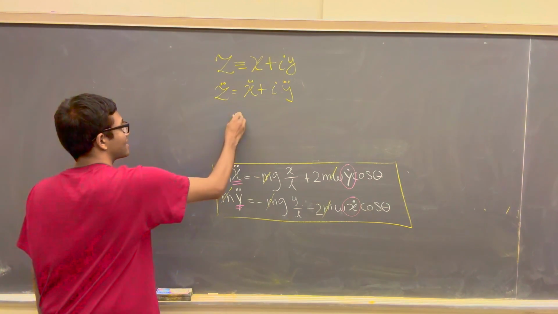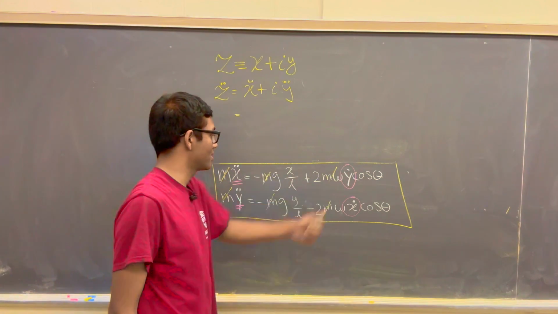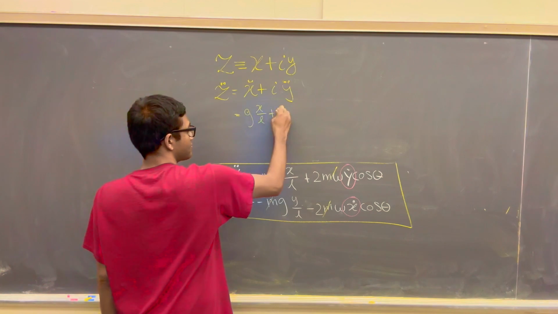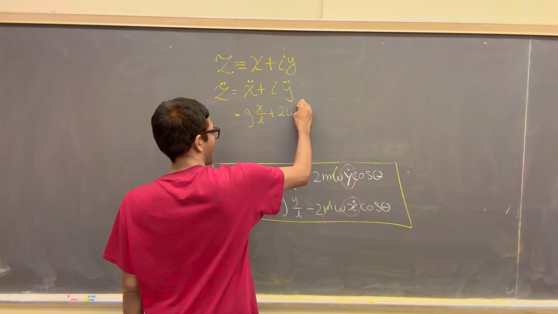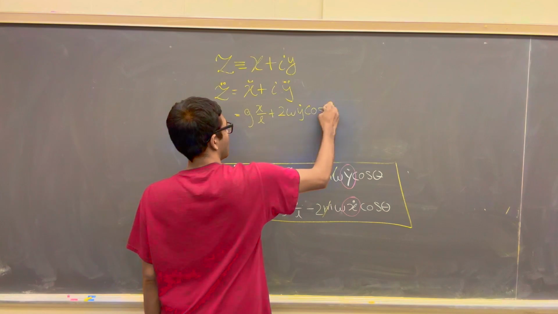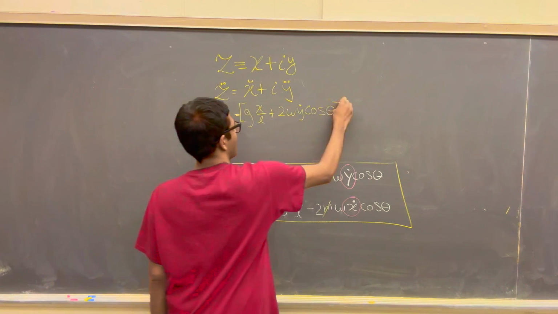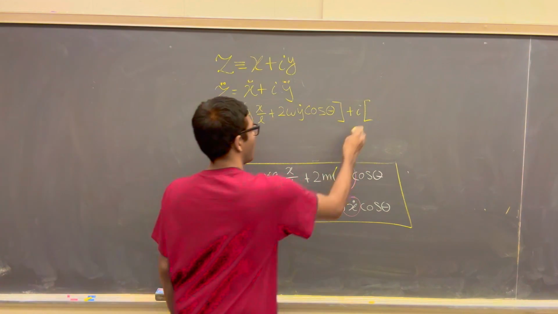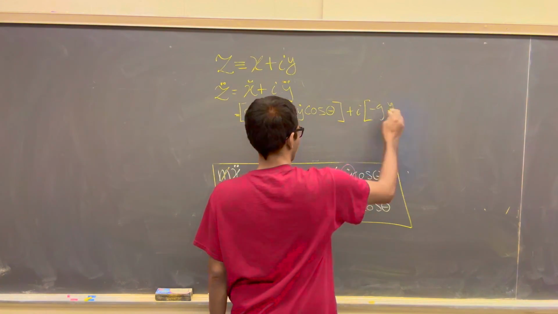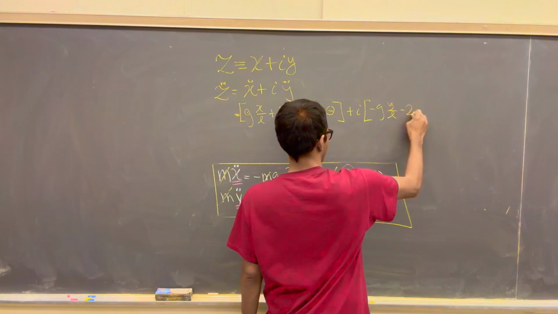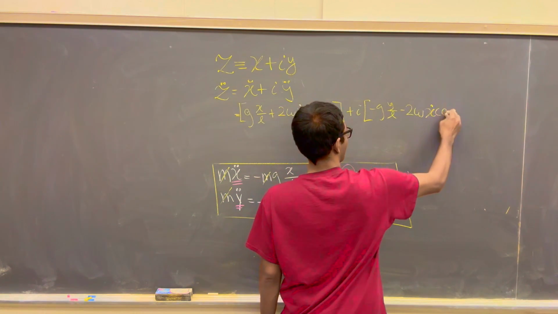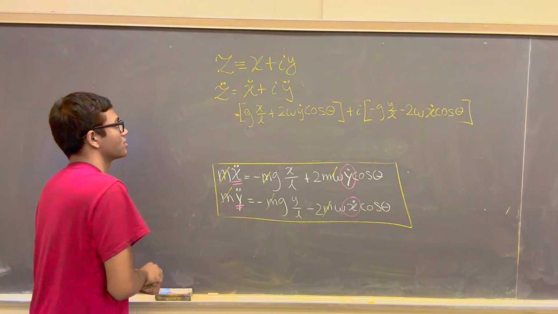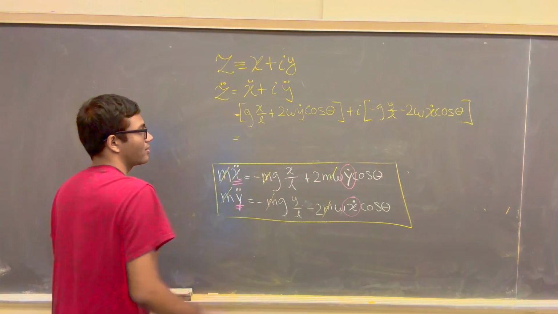So first of all, what is x double dot? It's minus g x over L plus 2 omega y dot cosine theta. And y double dot is minus g y over L minus 2 omega x dot cosine theta. Now I can just factor out common terms.